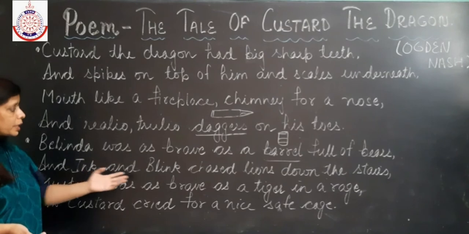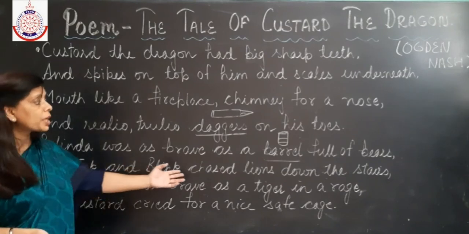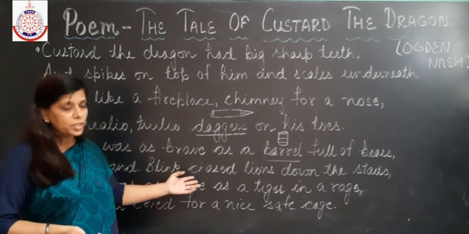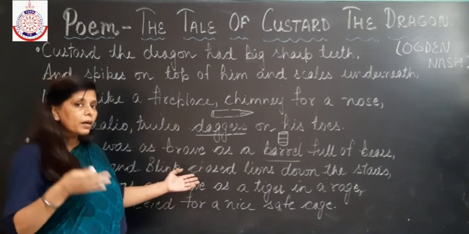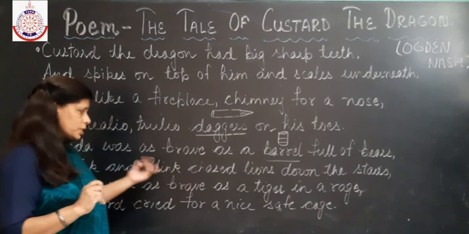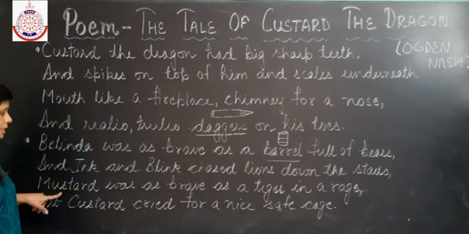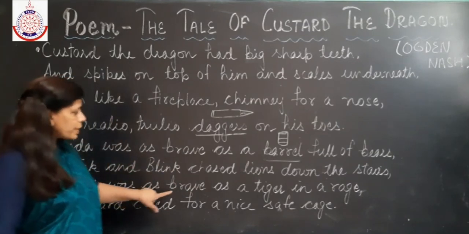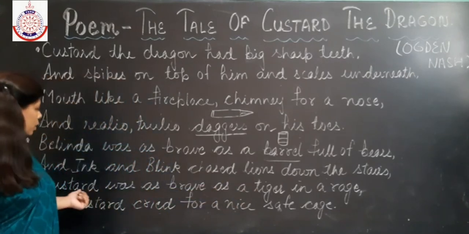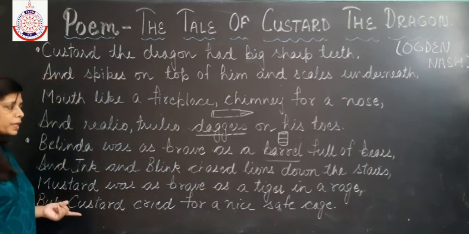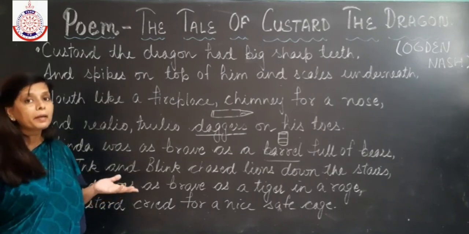That kitten and that mouse Blink, they chase lions down the stairs. Chase means they run after the lions and make the lions run away down the stairs. So this is also exaggeration. Mustard was as brave as a tiger in a rage. Rage means anger. So that dog Mustard was as brave as a tiger in anger.